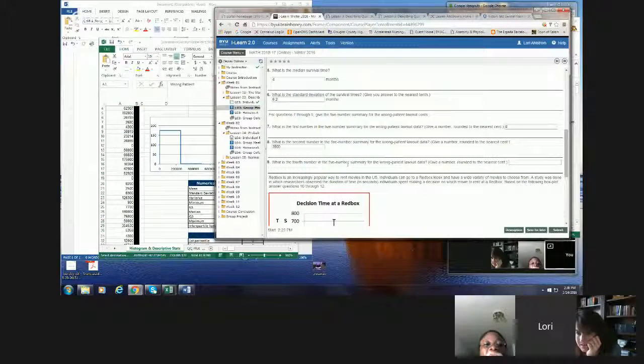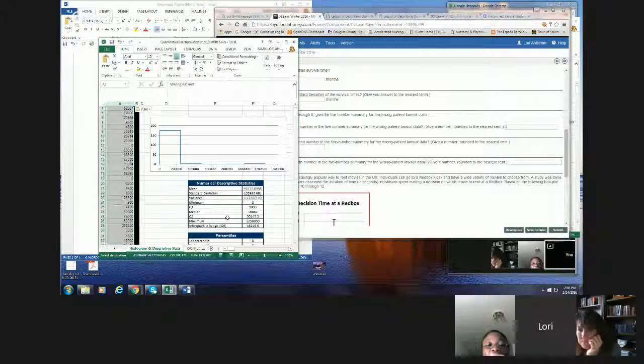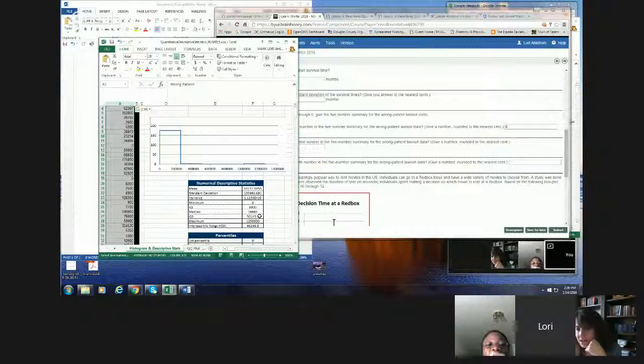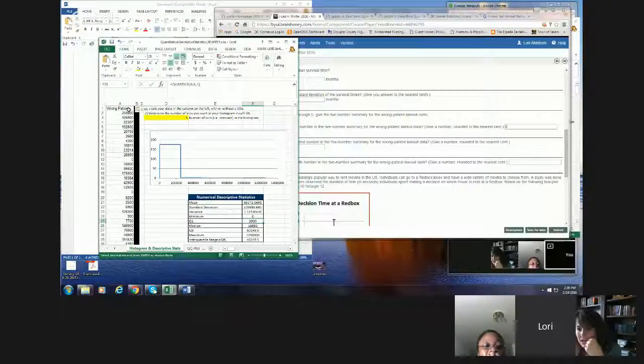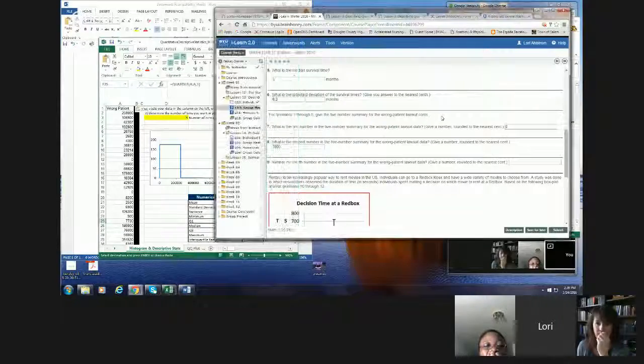The median's the middle number, the 3rd number, so the 4th number is Q3, correct? But do you have 3,900 for Q1? I have 29. Are you on wrong site or wrong patient? Okay, thank you. I don't want to do the wrong one.